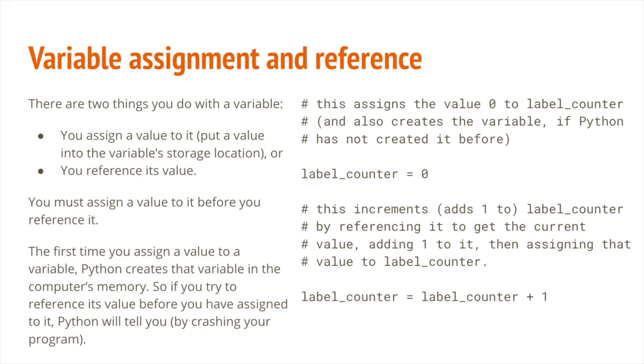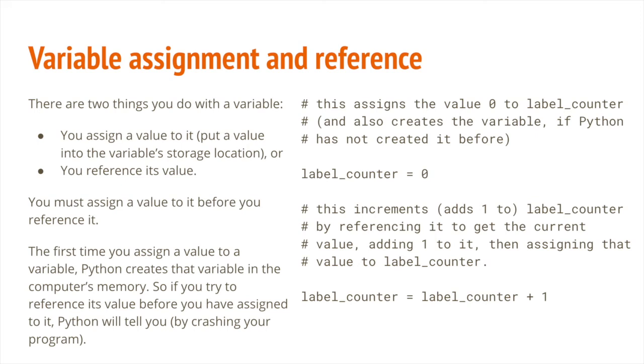If we look at the next statement, label counter equals label counter plus 1, there we see the same kind of assignment statement that we saw in the first statement. But we also see on the right-hand side of the equal sign a reference to label counter. So in this statement, we see both an assignment and a reference.